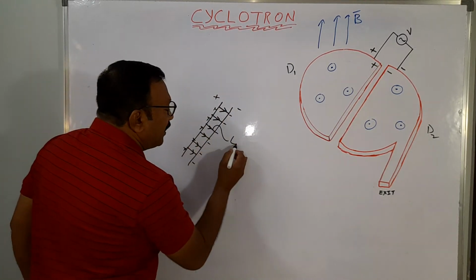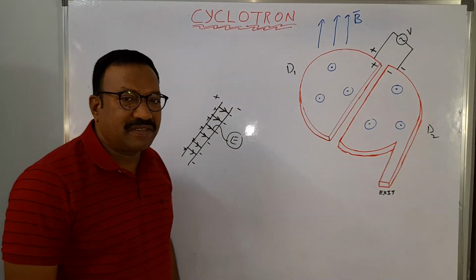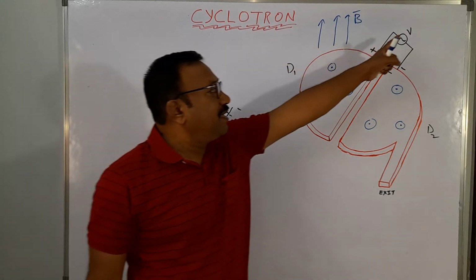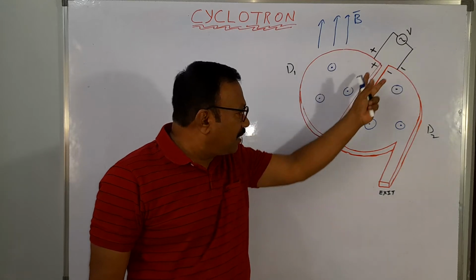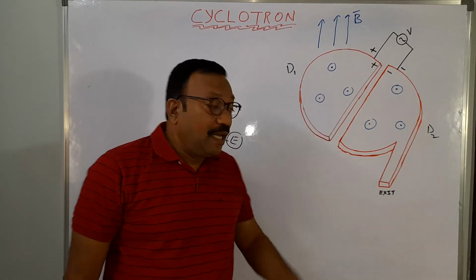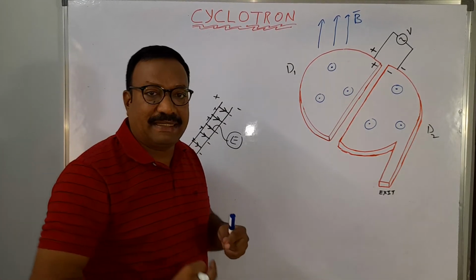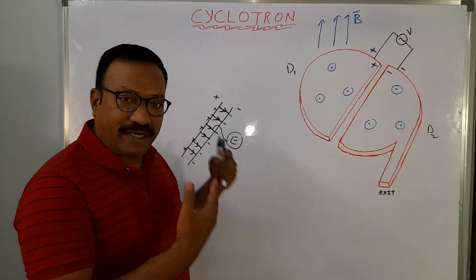A strong electric field exists between the discs. That is maintained with this potential. The potential that you are applying here will create an electric field, and this electric field will accelerate the particle and increase its velocity. Now let us see how it works.